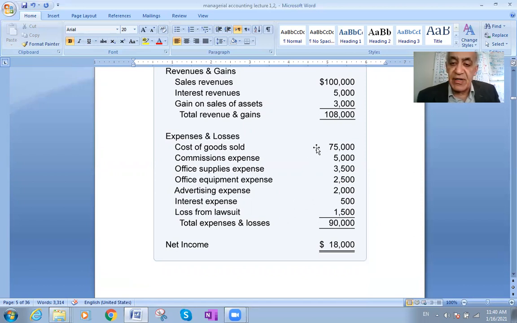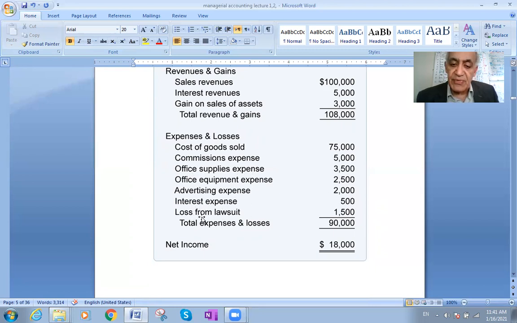The expenses are 75,000, 5,000, 3,500, 2,500. The first is cost of goods sold, and we will know how to get the cost of goods sold very soon. 75,000 plus commission expenses 5,000 plus office supplies 3,500 plus office equipment expenses 2,500 plus advertising expenses 2,000 plus interest expenses 500.